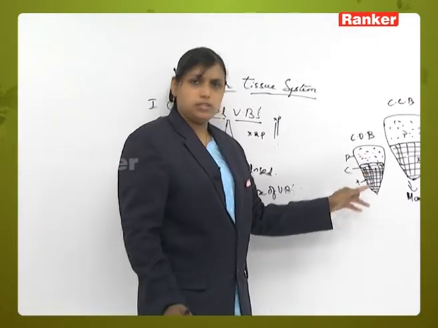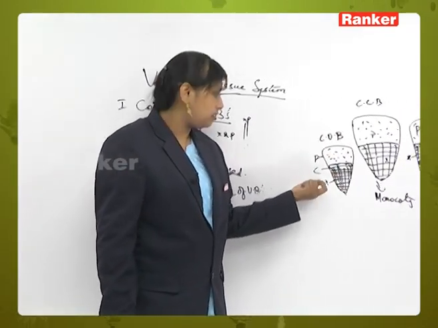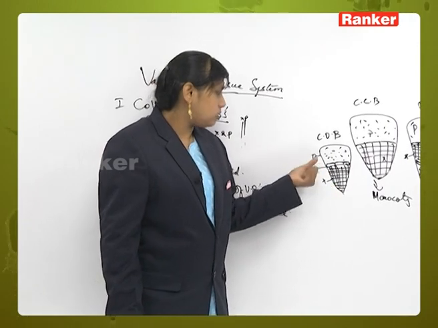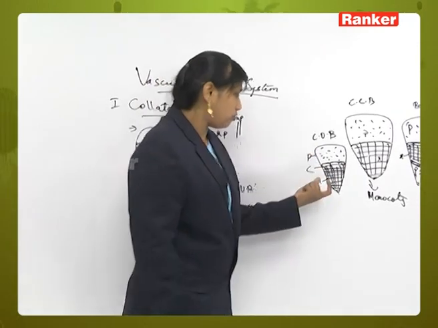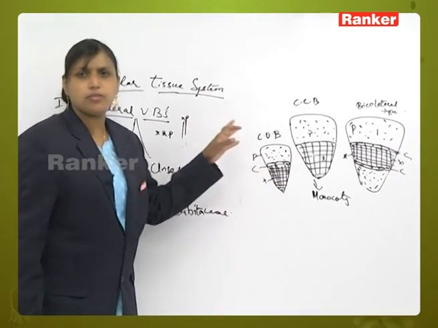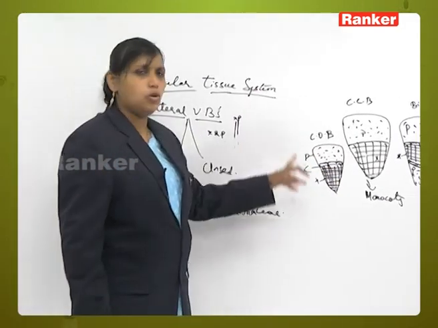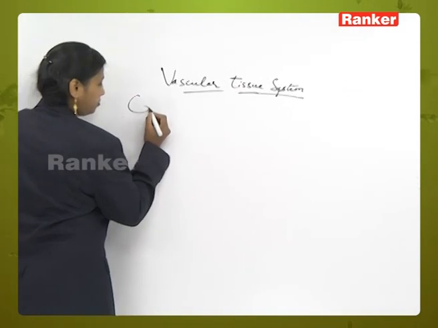In dicots, where there is secondary growth and formation of a cambium layer, those are collateral open vascular bundles.